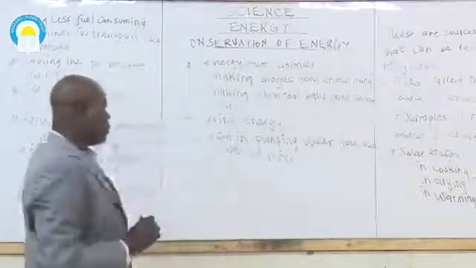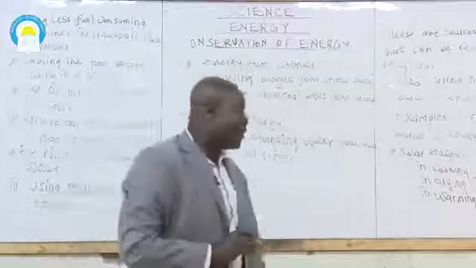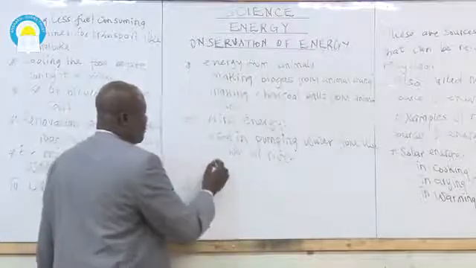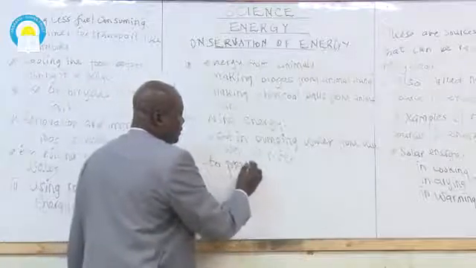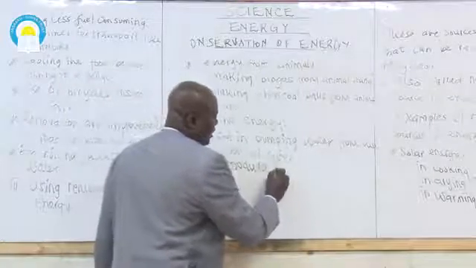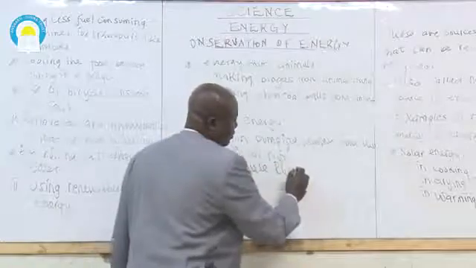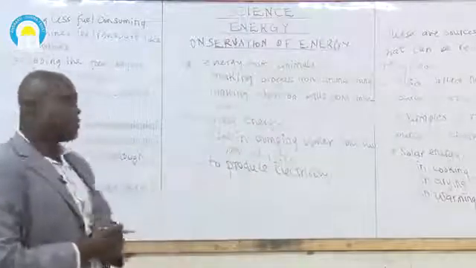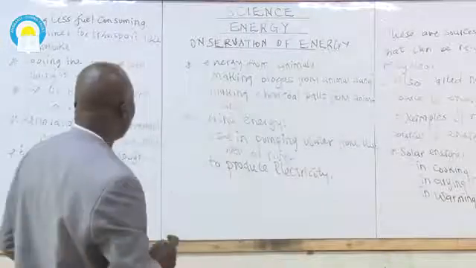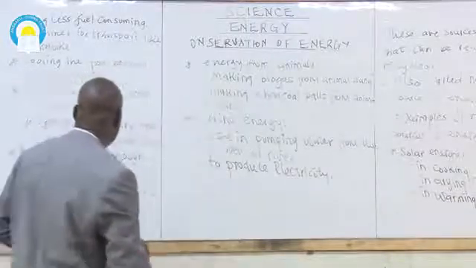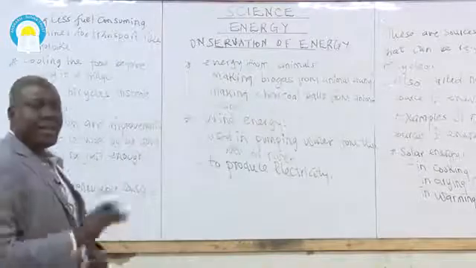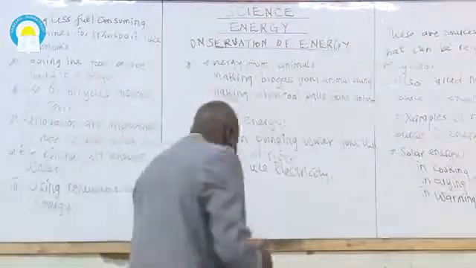Next, we can also use wind energy to produce electricity. So those are the ways we can use wind energy. Then remember, this part we are dealing with, using renewable sources of energy, has been brought in KCP many times.